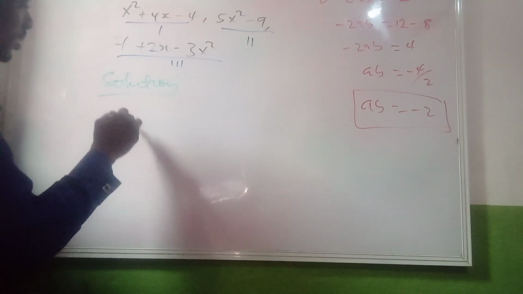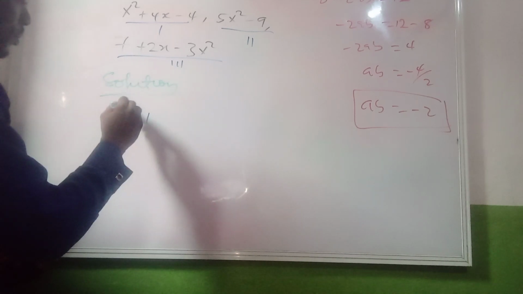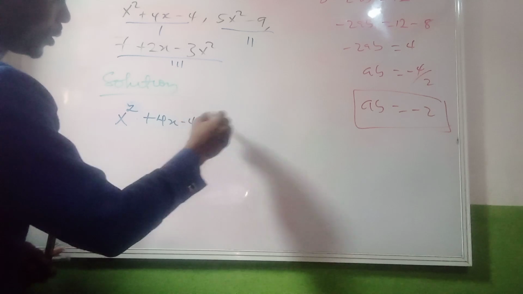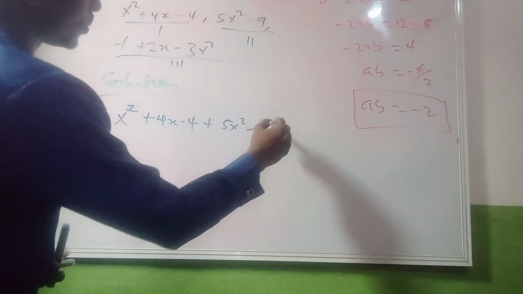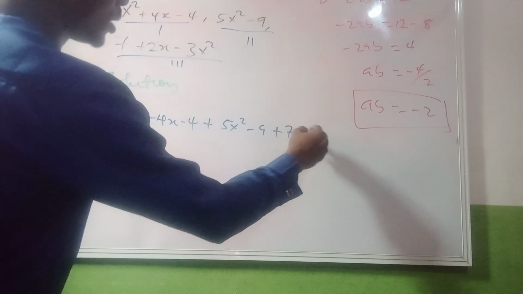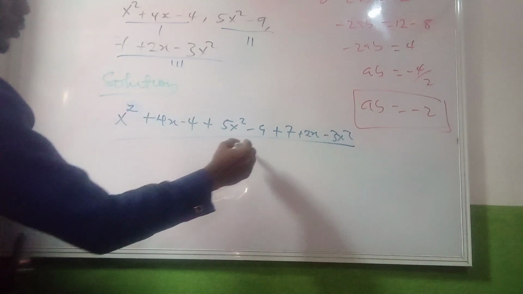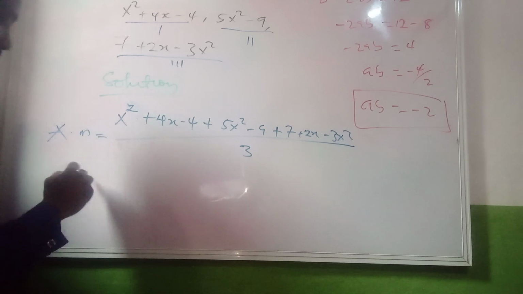We have x squared plus 4x minus 4 plus 5x squared minus 9 plus 7 plus 2x minus 3x squared, all over 3. That is the AM, arithmetic mean.